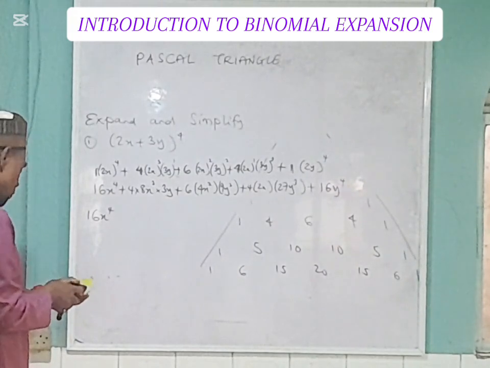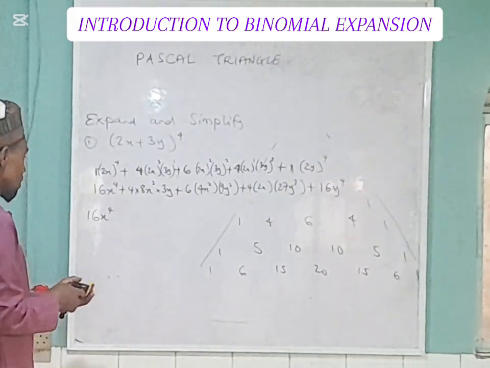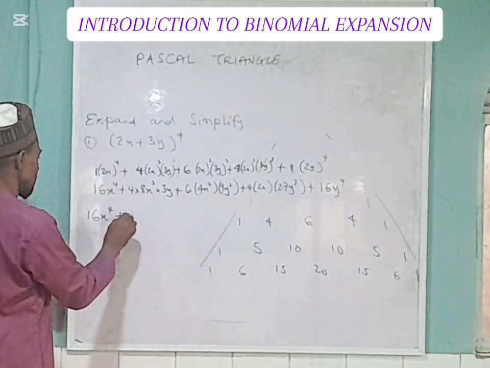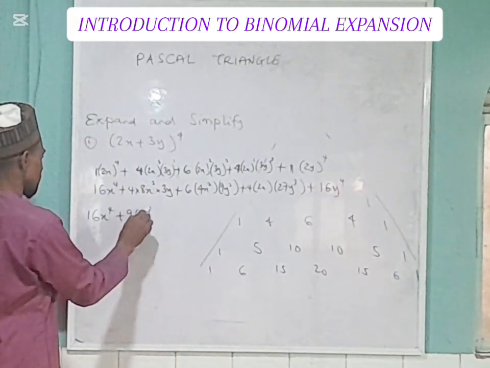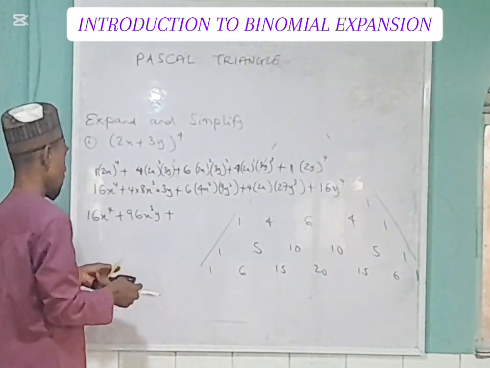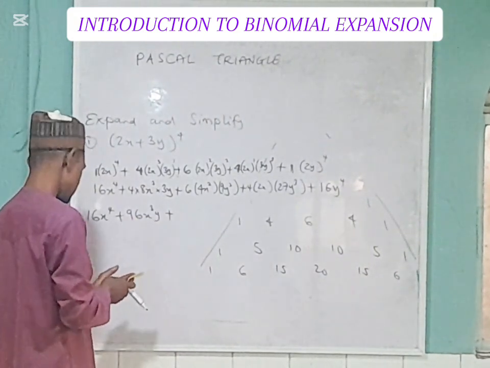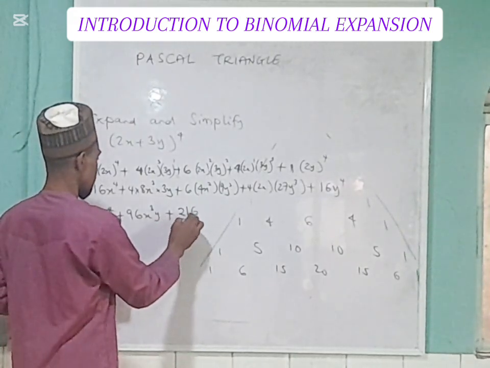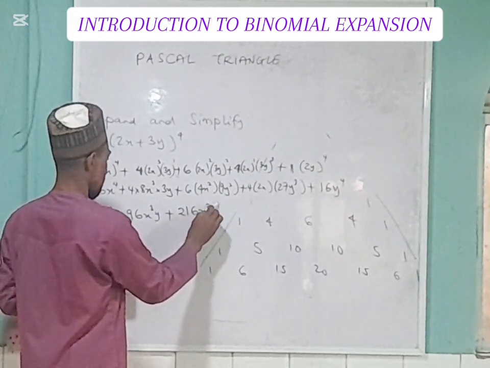So you have 4 by 8, that is 32. Then by 3, that is 96. So we've got 96x cubed y plus, then we get 216. 216x squared y squared.